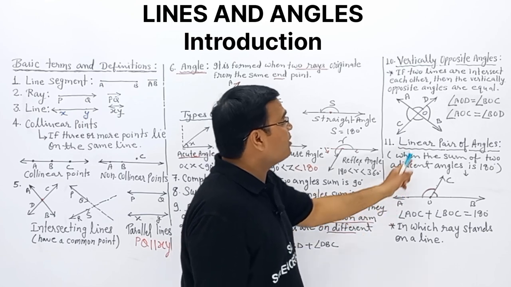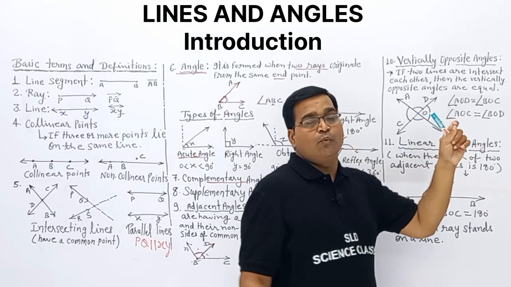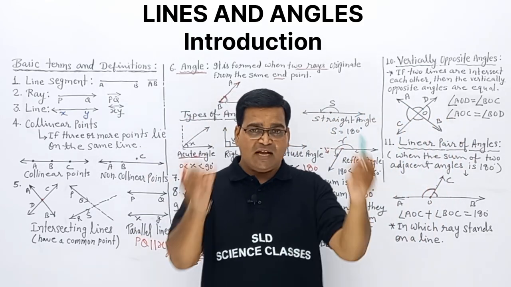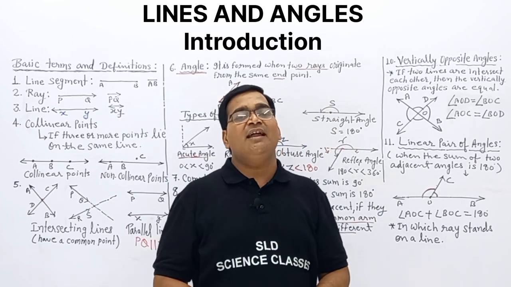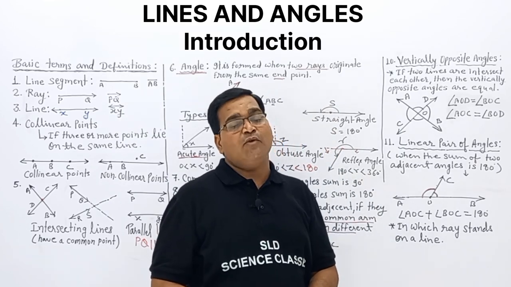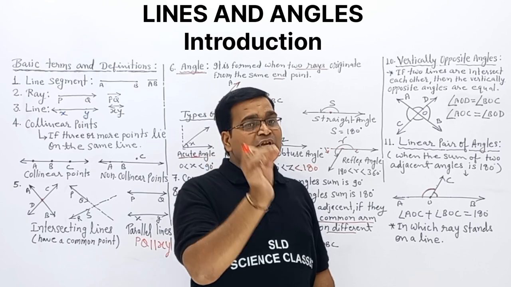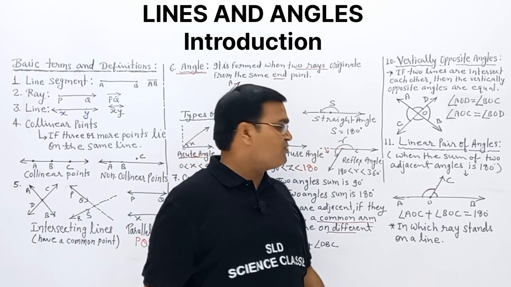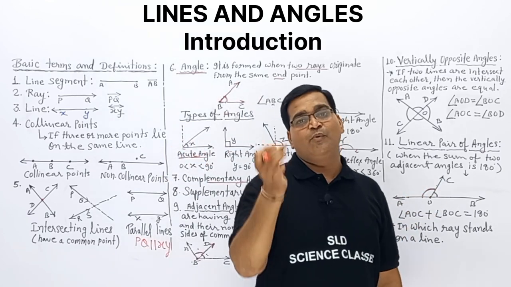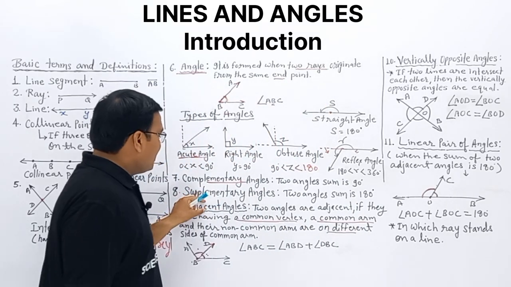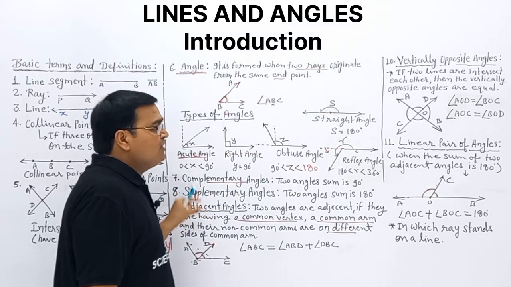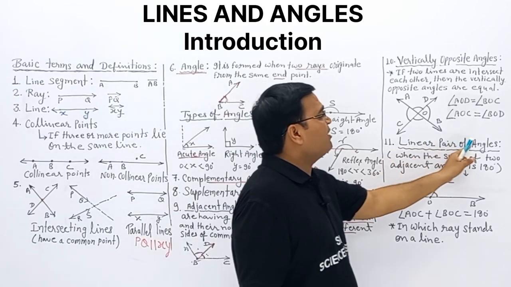Clear? Once the adjacent angles sum is 180, automatically we can say one ray stands on a straight line, and the sum of both angles will be 180 degrees. Clear? So we studied adjacent angles and linked to this one: linear pair of angles.